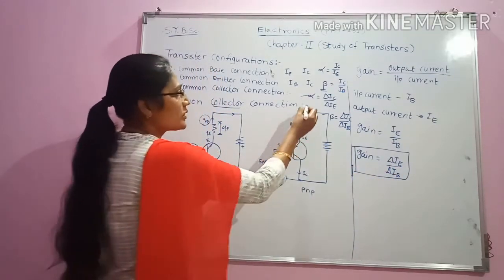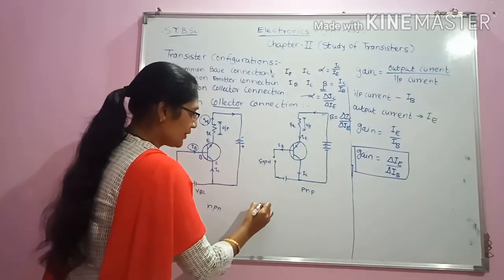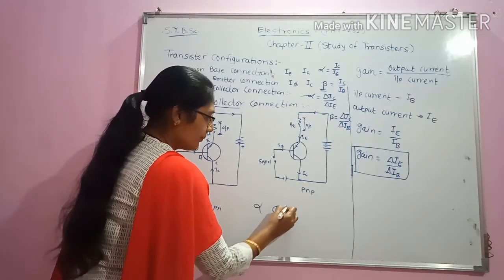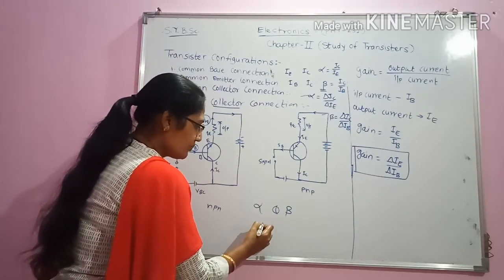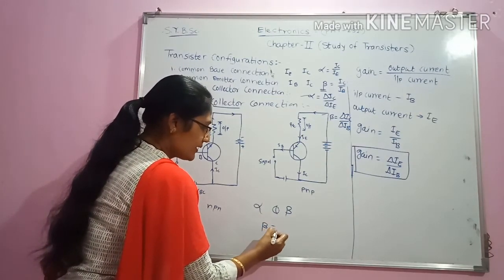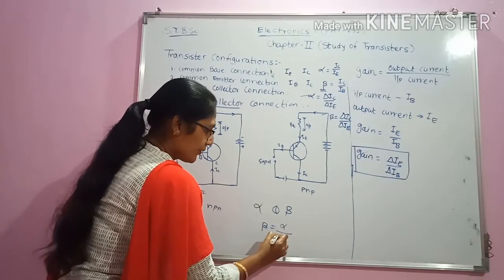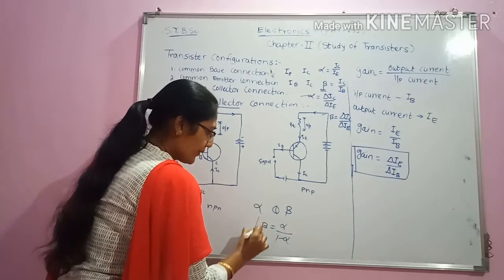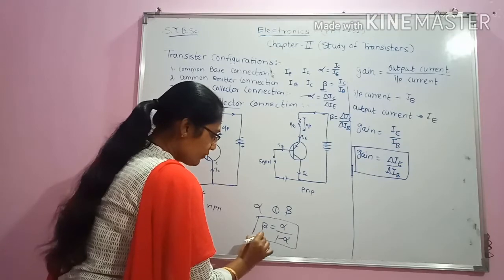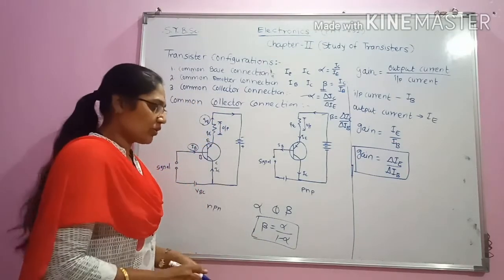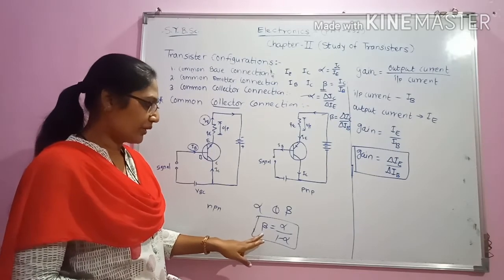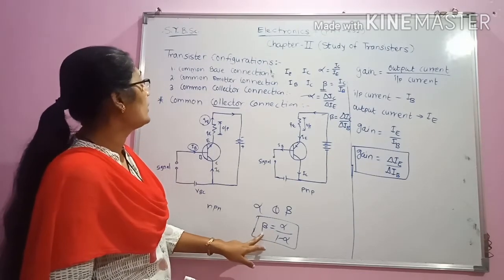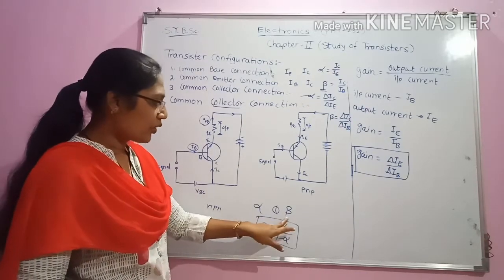Then we have also seen what is the relation between alpha and beta. Beta is equal to alpha divided by 1 minus alpha. This is the relation that we have obtained in case of current amplification factor or gain factor in case of common emitter and common base.